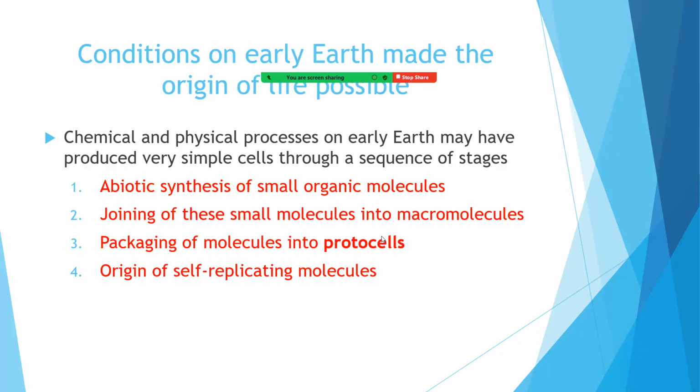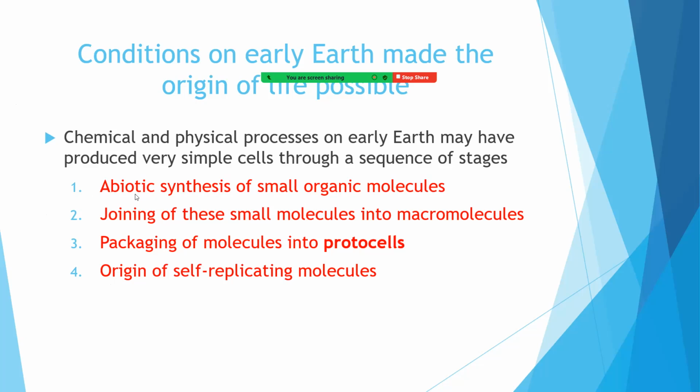So when we think about what the conditions were on the early Earth that made the origin of life possible, these are some ideas about these chemical and physical processes. So it started with abiotic synthesis of very small organic molecules. If we think about what abiotic means, a means without, bio is life.